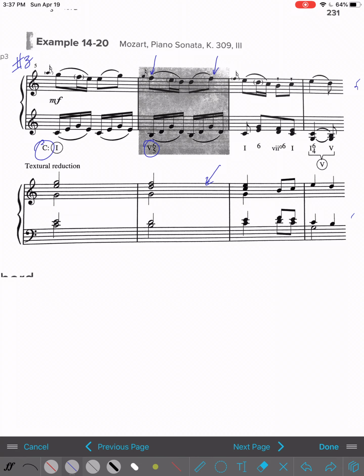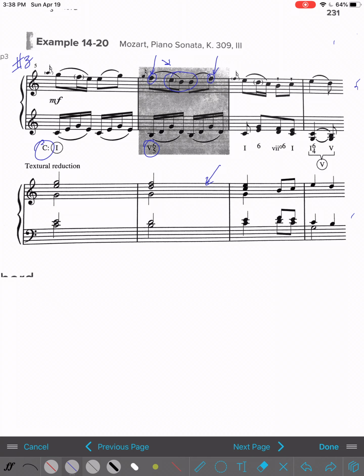So here's the F and here's the F. Now, somebody might think, well, it kind of looks like a passing tone right here, but the truth is, since this F happens at the beginning of the measure, and it happens at the end of the measure, then this material right here can be thought of as though it embellishes the two Fs, and is this stuff that happens in between.